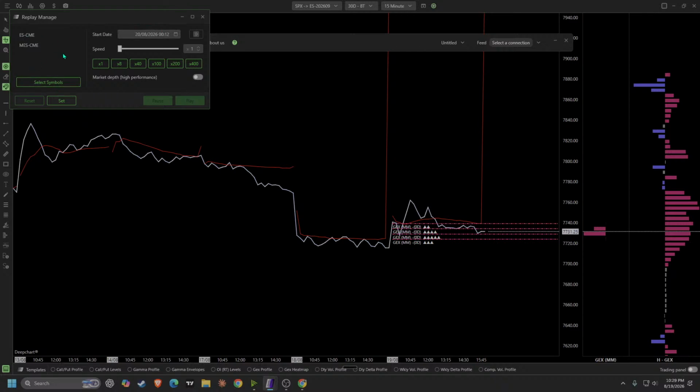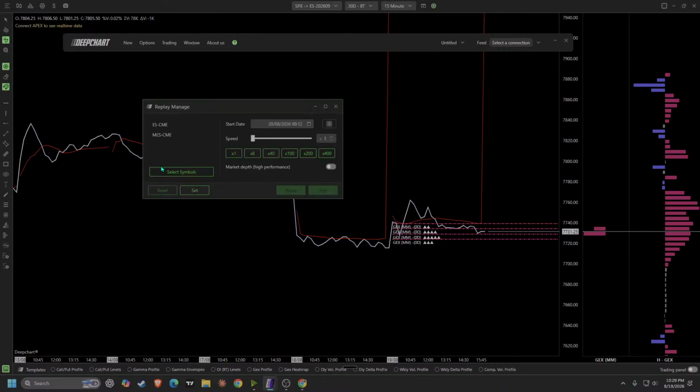So if you're interested in reading the ES action, but actually taking your positions on MES, they're obviously not the same, but you see more volume and size on the larger contract. So sometimes it's a little bit more easy to spot entries. Now we're gonna re-enter Wednesday.